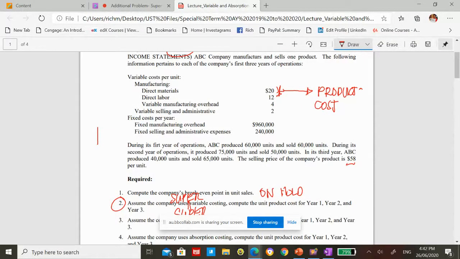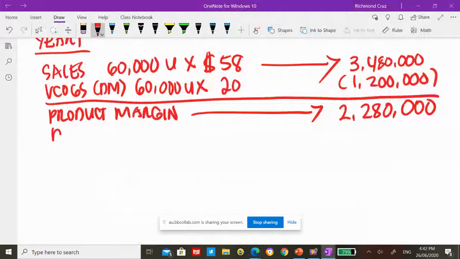Then we're going to deduct all other variable costs, which comprise direct labor, the variable manufacturing overhead, and the variable selling and admin expense. For direct labor, remember before, the total direct labor cost in regular variable costing and absorption costing is computed using the product cost also.